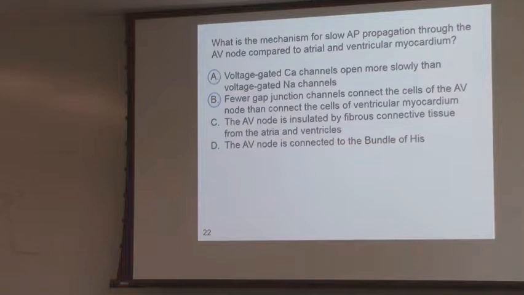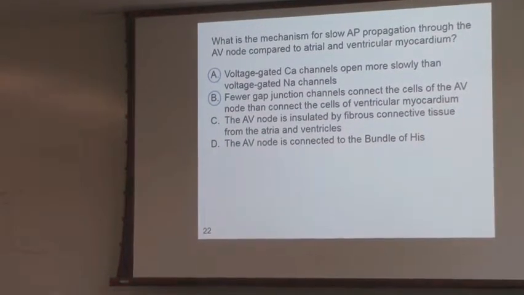We've talked about that. They have fewer gap junctions, so the slow depolarization by the slow calcium channels explains why each cell depolarizes slowly. And fewer gap junctions explains why the cell-to-cell-to-cell-to-cell depolarization is slow, which is part of the slow conduction through the AV node.